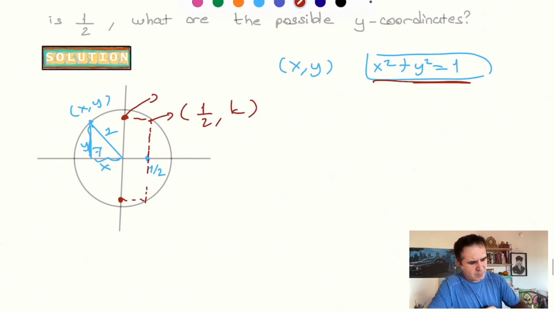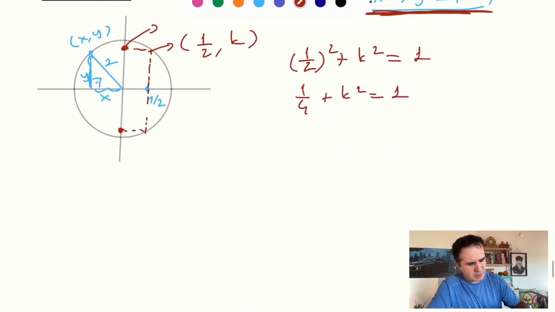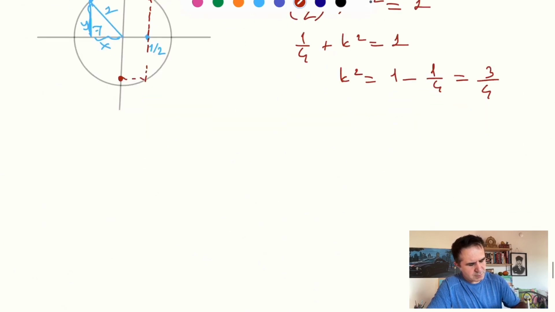Then if we use this equation, 1 over 2 squared plus k squared should be equal to 1. 1 over 4 plus k squared should be equal to 1. Then k squared is 1 minus 1 over 4, and this is 3 over 4. k squared is 3 over 4.